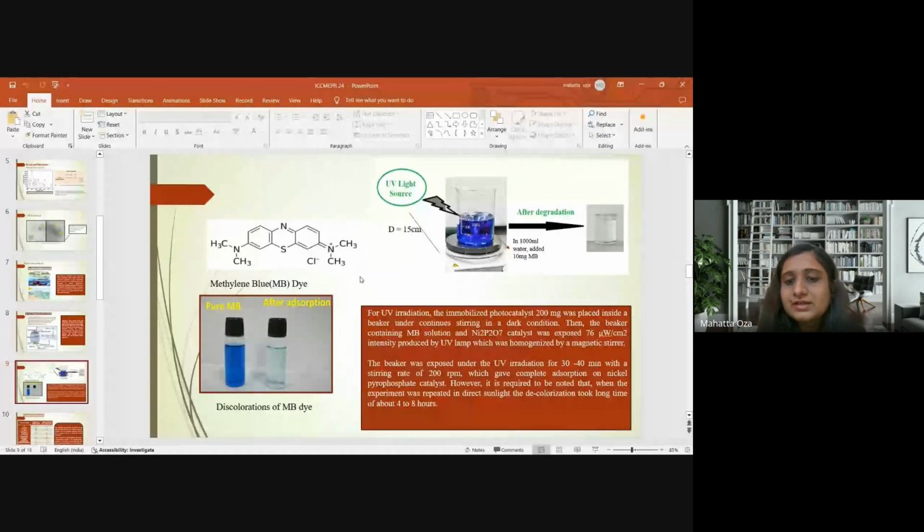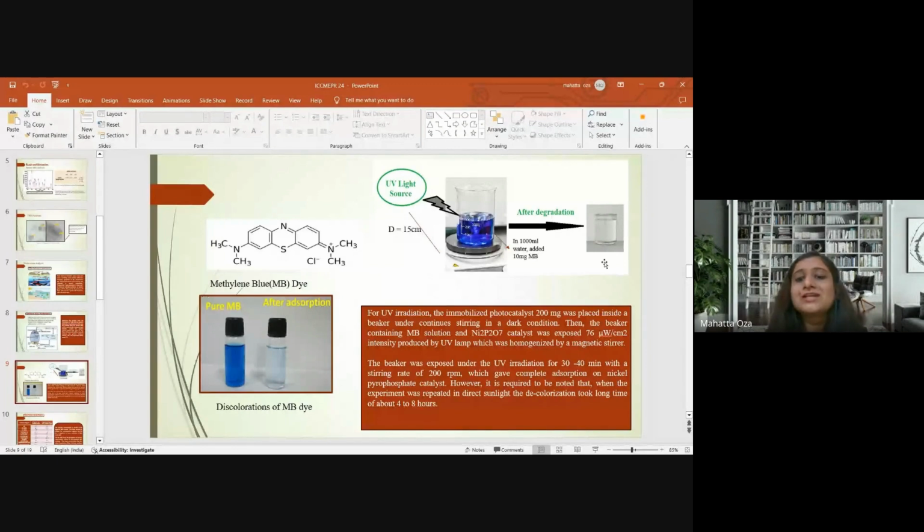For UV radiation, 200 mg of the immobilized photocatalyst was placed inside a beaker under continuous stirring in dark conditions. Then the beaker containing MB solution and nickel pyrophosphate catalyst was exposed to 76 microwatt per centimeter square intensity produced by a UV lamp, and homogenized by a magnetic stirrer. The distance between the UV light and the beaker was 15 centimeters.